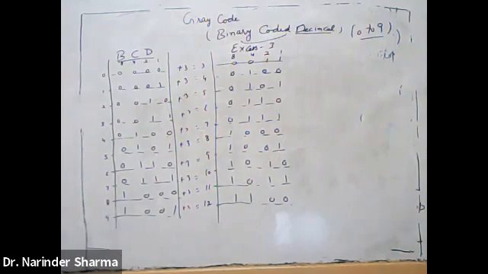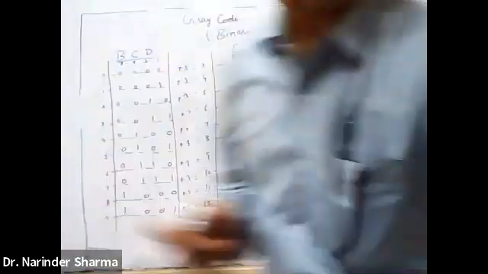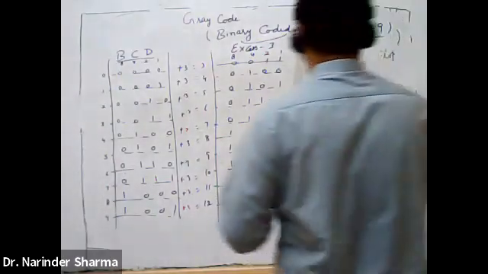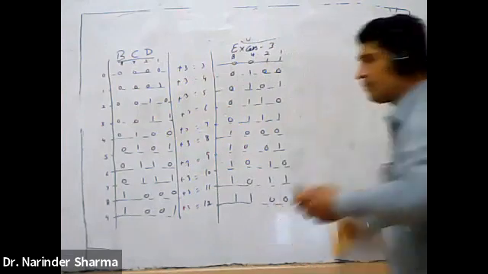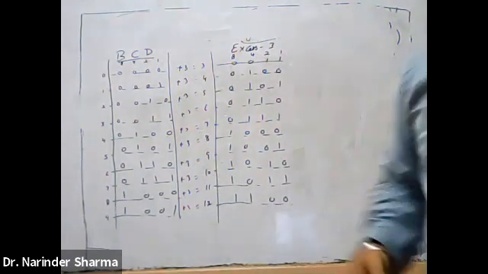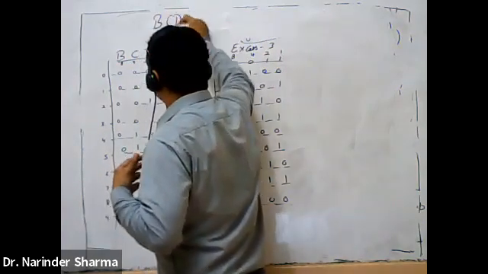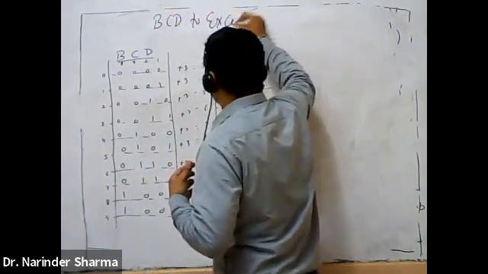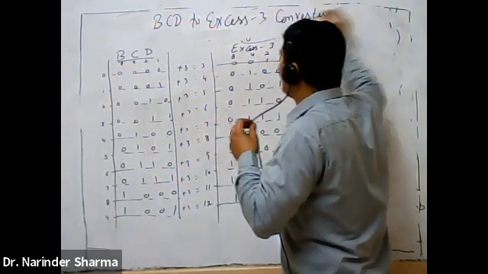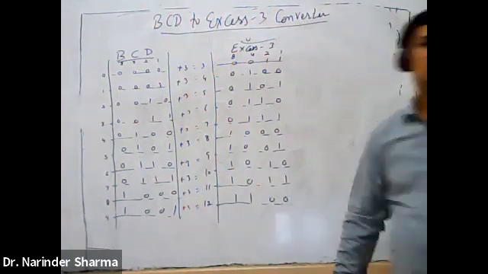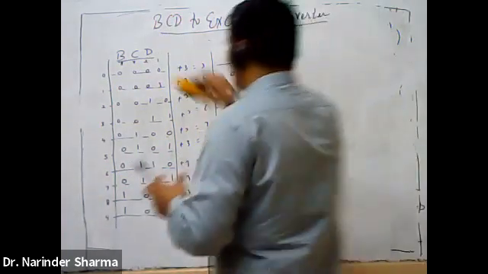Now the question is where we have to use the converter. Let us say there is an equation you have to convert: a BCD to Excess-3 converter. So you have to design this truth table.